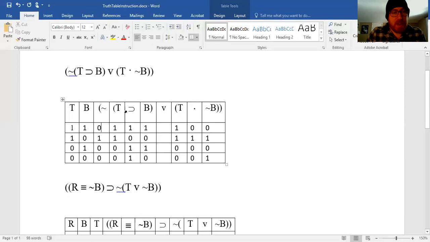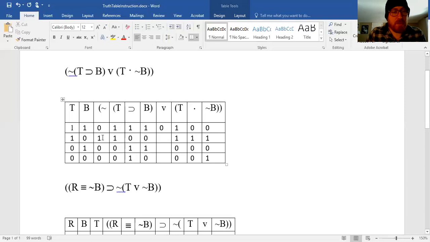Well, this half is false and this half is false. So that's the one condition where an either-or statement, or a disjunctive statement, is false. So a disjunct is false when both parts are false. So this part is false and this part is false. So that gives us a false disjunct.